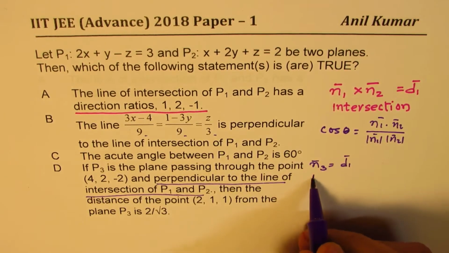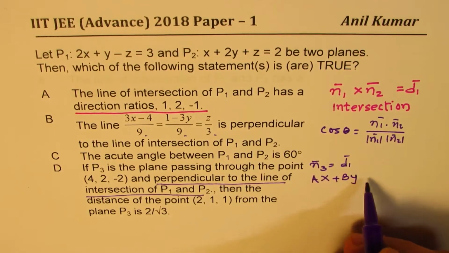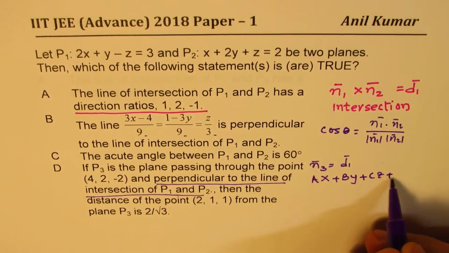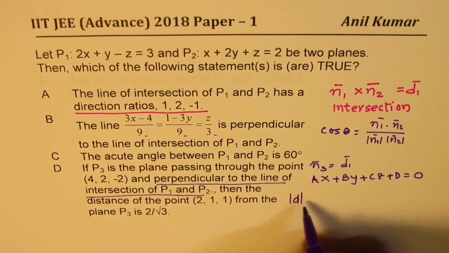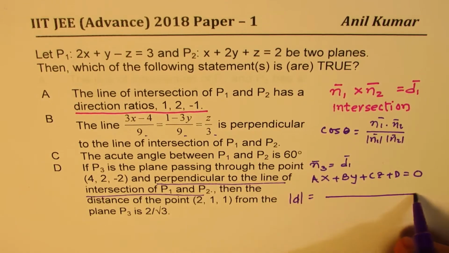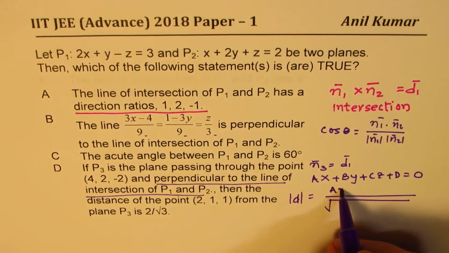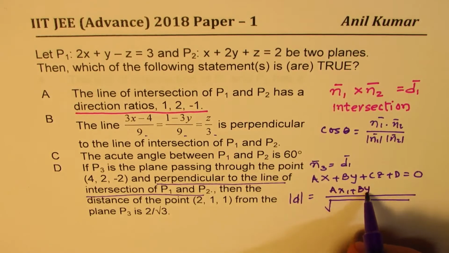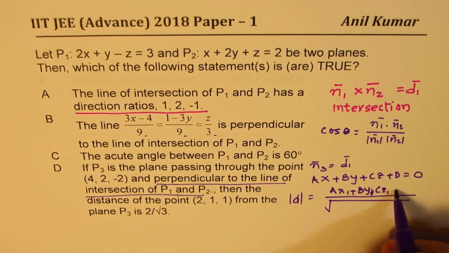Once you know that, you could write your equation as ax plus by plus cz plus d equals 0. The given point will give you the actual equation, and then the distance could be calculated very easily using the distance formula. So if you realize, this question is relatively simple, right?